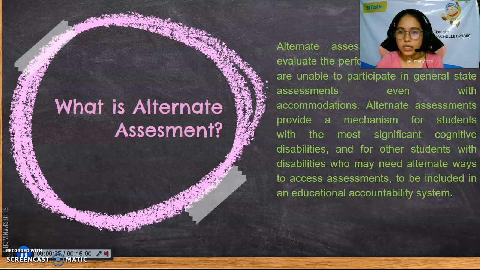Alternate assessments provide a mechanism for students with the most significant cognitive disabilities, and for other students with disabilities who may need alternate ways to access assessments, to be included in the educational accountability system.